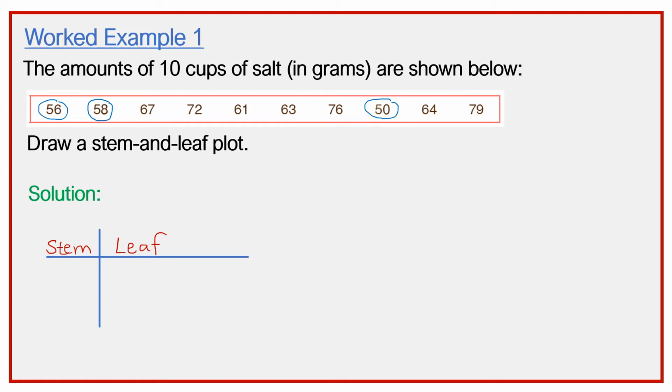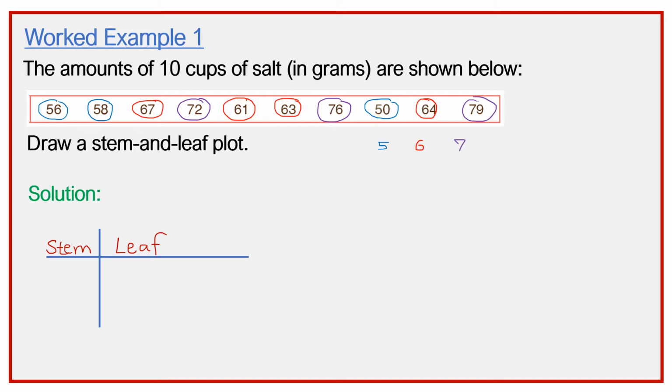So we have 5. Then 60s, we have this one, this one, this one, and this one. Okay? Then we have 70s. We have this one, and this one. We write a 7.